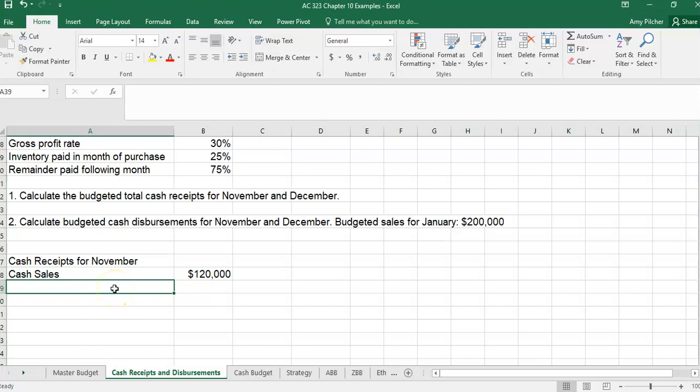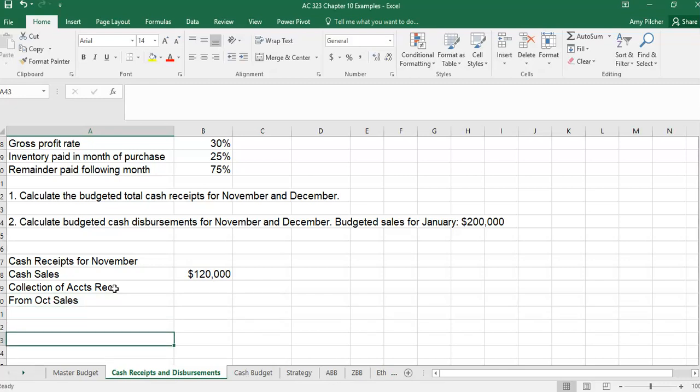Next, we're going to look at our collection of those credit sales. So what's in our accounts receivable? We're going to have collections from October sales, and from November sales.